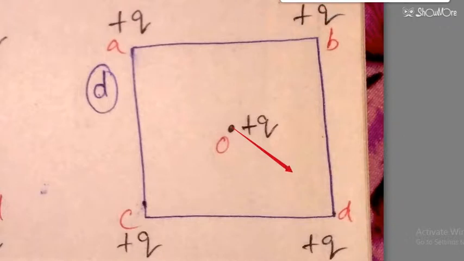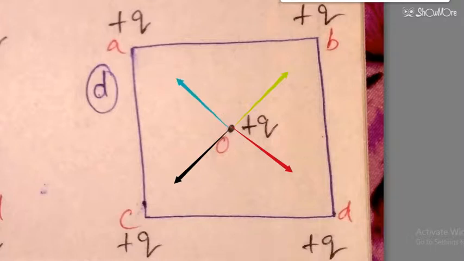This positive charge will also repel this charge. Then the positive charge placed at C will also repel the charge placed at the center, so this will be the direction. And this positive will repel, so this will be the direction.